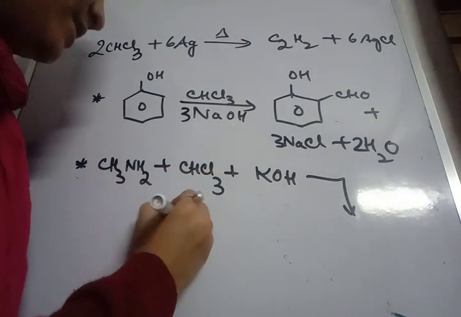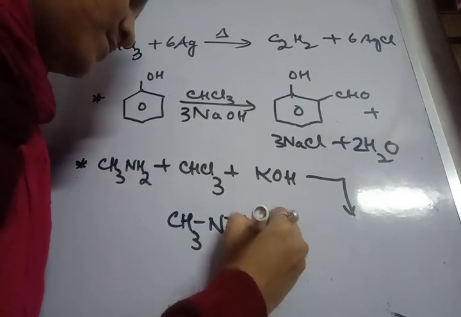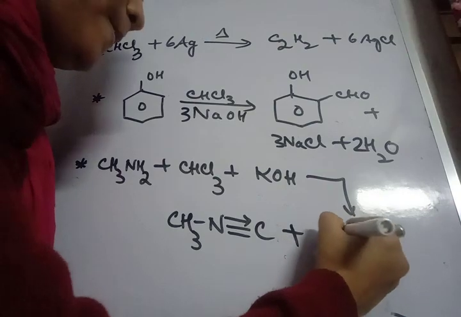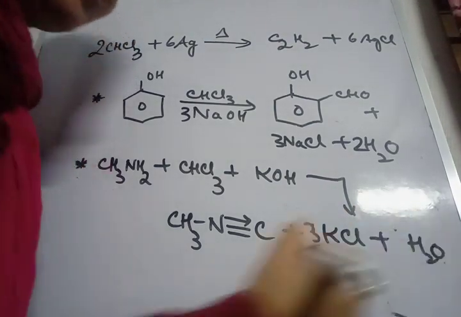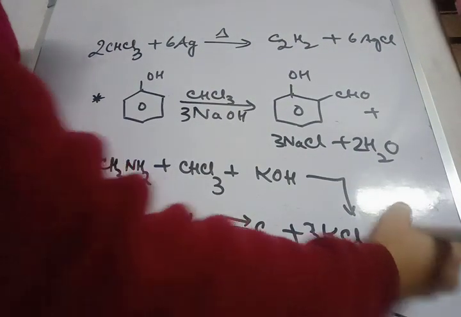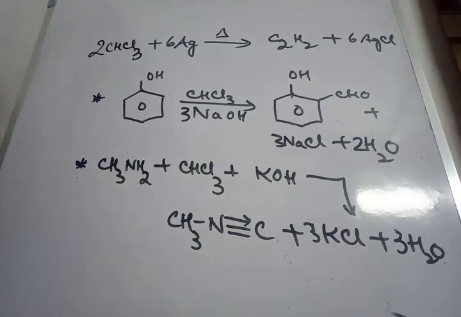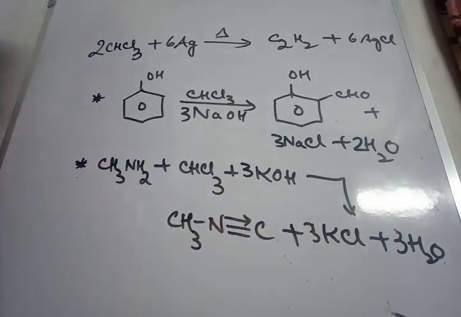What I'm getting is isocyanide. I've taken a primary amine, that is methylamine, chloroform, and 3 KOH. These are the products. Isocyanide with an offensive smell is obtained over here.